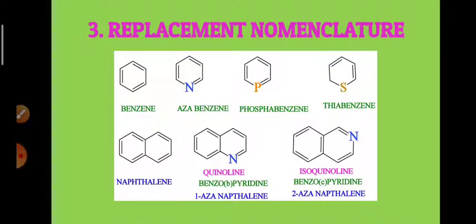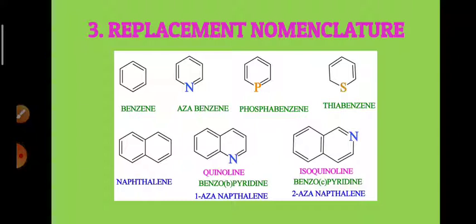And now we go for the third category of the nomenclature, that is the replacement nomenclature. Here in this replacement nomenclature we consider the heterocyclic compounds as compounds derived from known compounds.